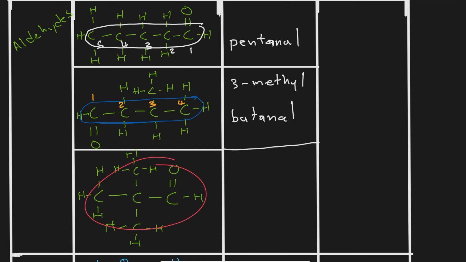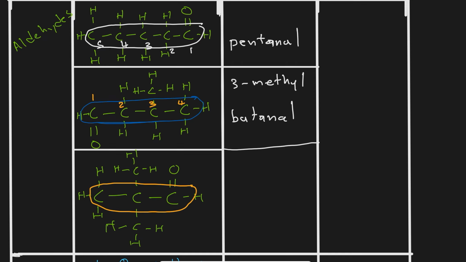Then if you look at this last one of an aldehyde, we have to identify the longest chain. The longest chain can be this chain because it has 3 carbons, and it can be this one, and it can also be that one. Whatever chain you choose, remember it must always have the functional group. So I'm just going to select this as my longest chain. When you have the longest chain, you always label it from where you have the functional group.